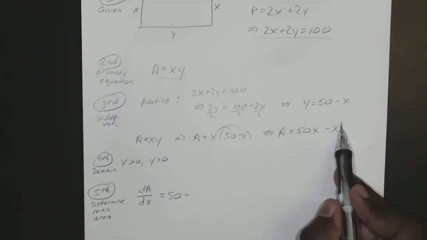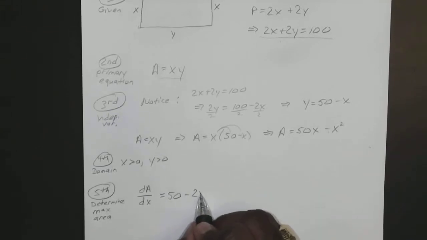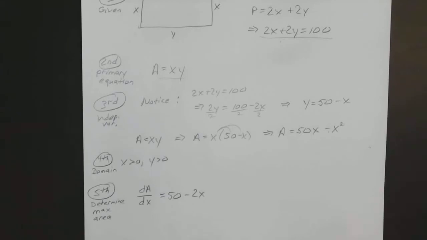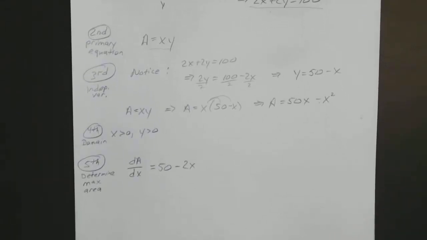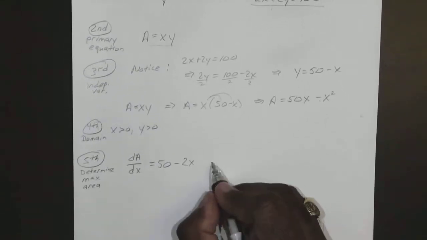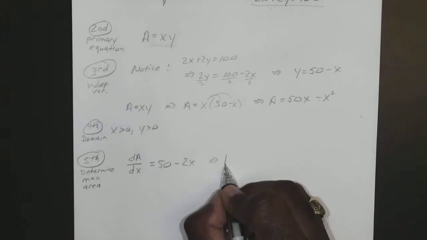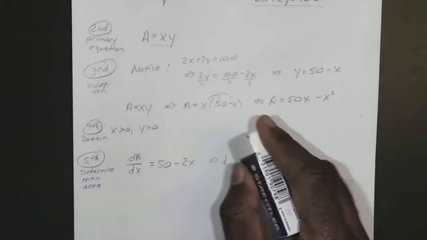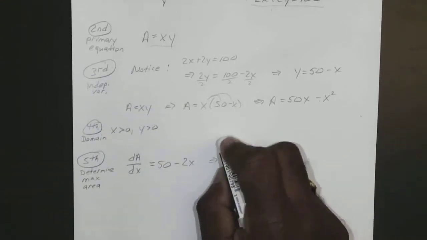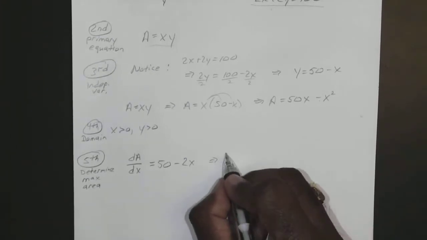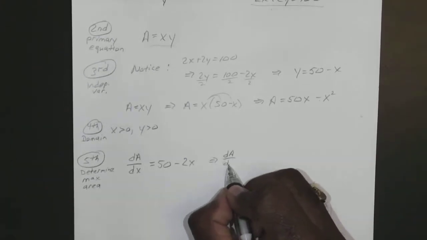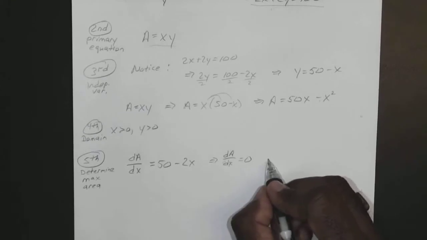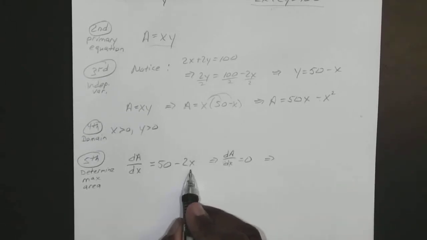Derivative of x squared, if we bring down a 2, is minus 2x. So we know that first derivative equal to 0 just means 50 minus 2x equal to 0.